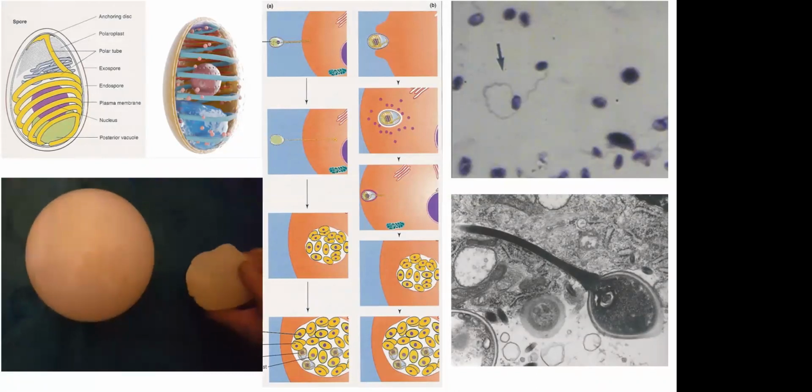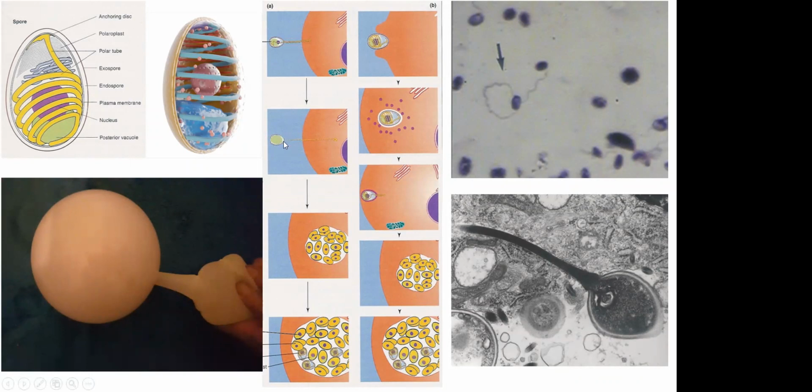A rubber glove with the fingers inside increasing in pressure, and the tubule shoots out like that. So that's analogous to the process that naturally happens.